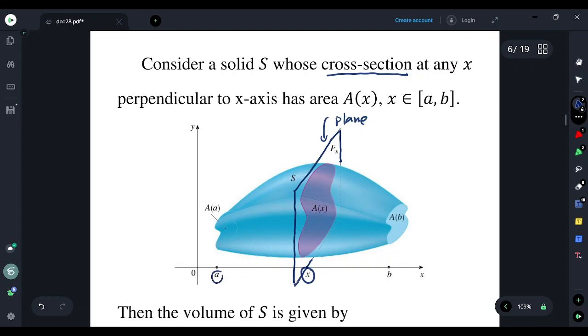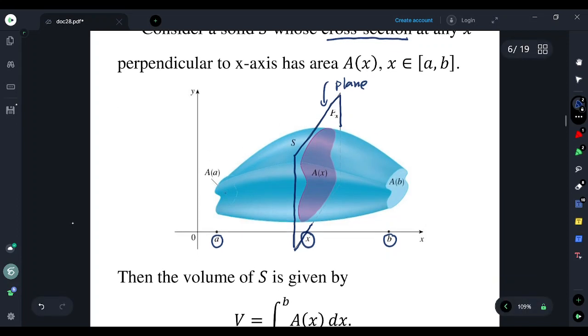x goes from a to b. At a is kind of the leftmost of the solid, and b is the rightmost of the solid. So we cut the solid at any number x, and suppose for the cross section, we can calculate the area to be equal to a function A(x).